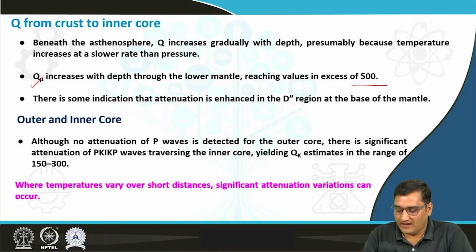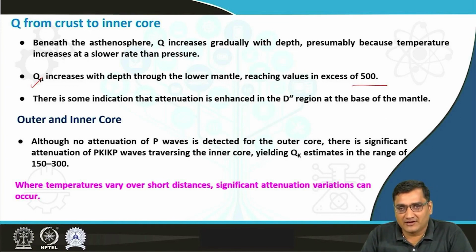and there will be significant attenuation for PKIKP. That means the wave is traveling in the mantle as P and in the outer core as K, and as soon as it enters the inner core, it becomes I, and then after it comes out into the outer core it becomes K, and then in the mantle it becomes P again.